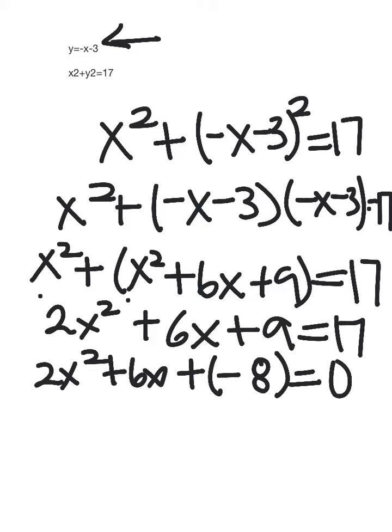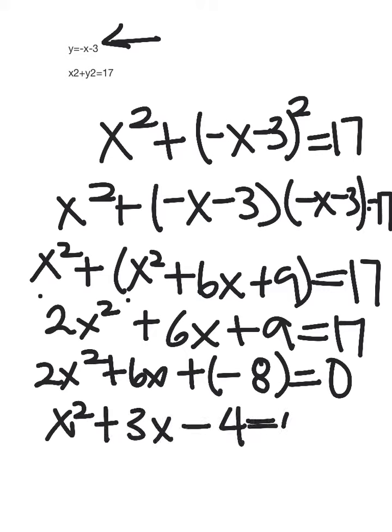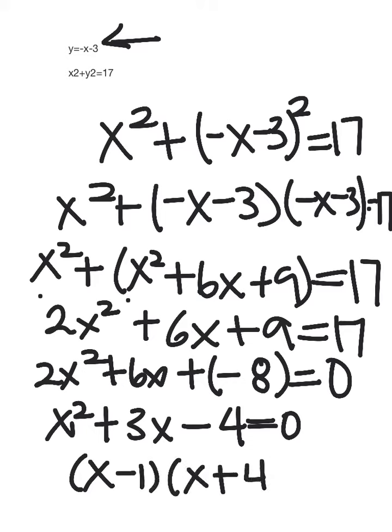We can divide both sides by 2 to get x squared plus 3x minus 4 equals 0. From this, we can get that x minus 1 times x plus 4 equals 0.